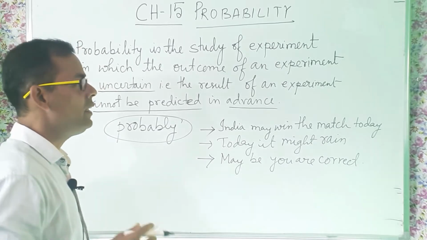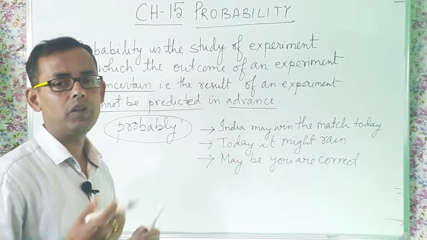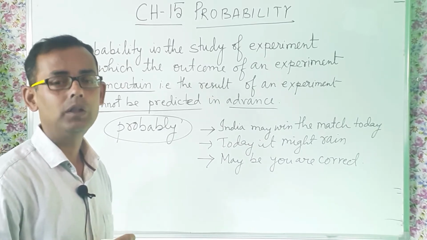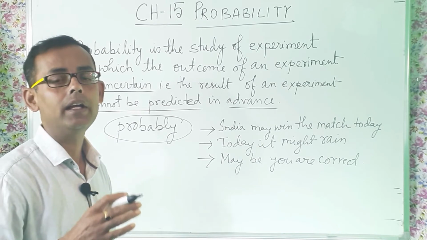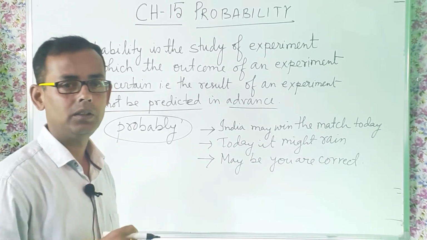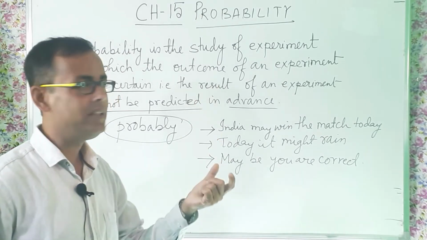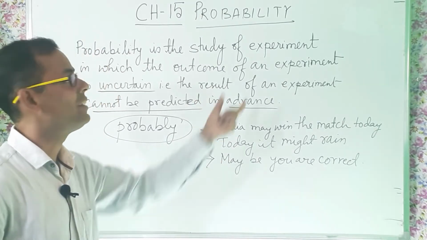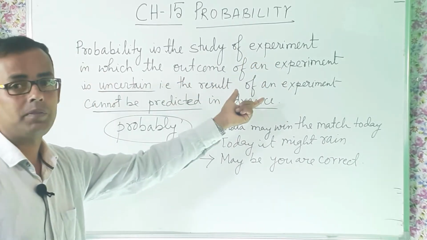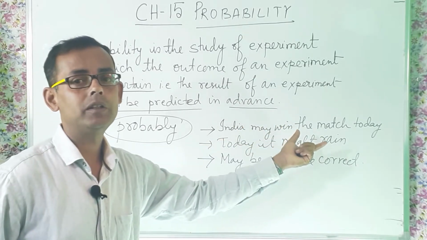So these are the events. Like one cricket match is going on, so that is one event. You are playing football, that is also an event. You are going to school, that is also an event. Now these events, if I consider as an experiment, and the outcome of the experiment, suppose India will play a match with Bangladesh.